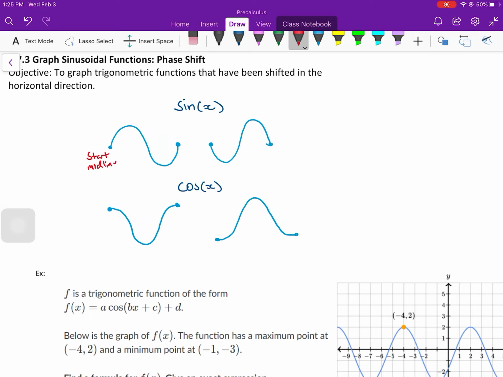It has to go through a hill and a valley. If we were going to take this and cut it into quarters, you would see here's our first quarter, second quarter, and this is all based on the unit circle, third quarter and fourth quarter. So breaking into quarters is going to help. Cosine. Notice cosine starts on the maximum or the minimum.